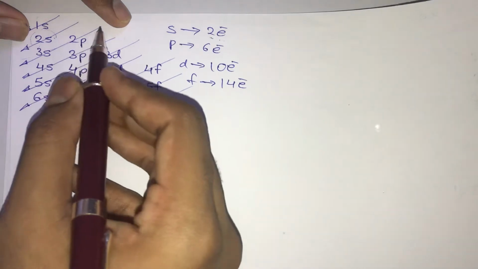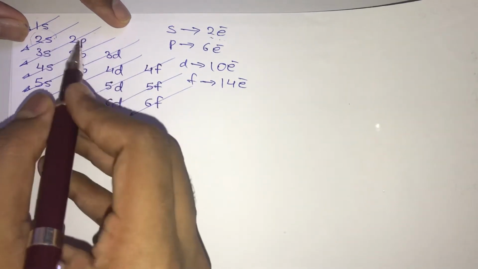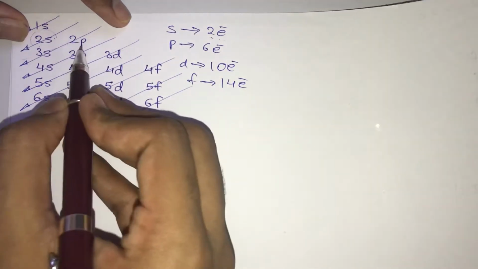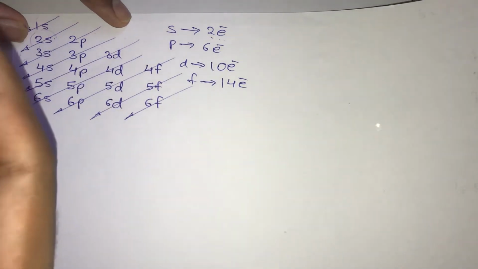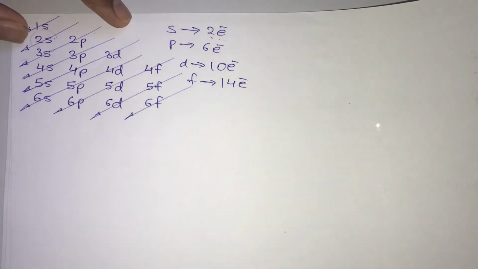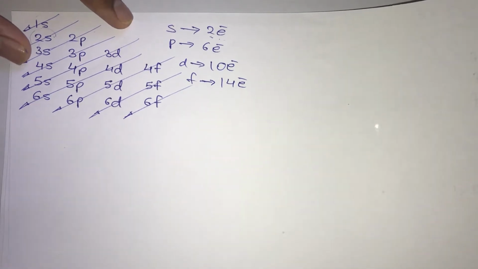Because can you see that the arrow is pointing downwards, so we move from up to down. Inside 2p the remaining 2 electrons are going to go. 2p can take a maximum of 6 electrons, but we have only 2 electrons remaining, so the 2 electrons can be taken by 2p. Now if you have not understood what I am saying, you will get to know as soon as we write the electronic configurations one by one.